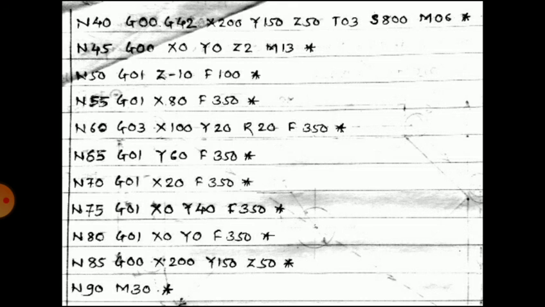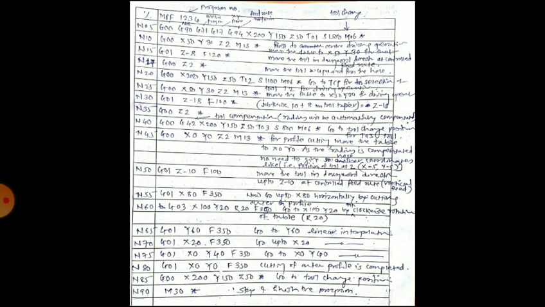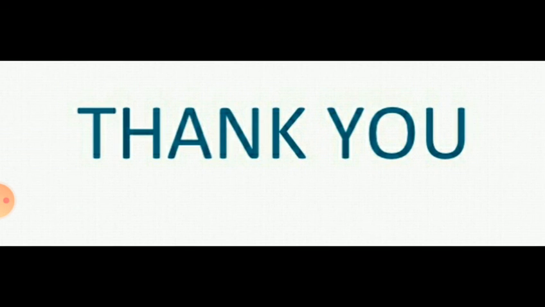Go to the tool change position, and the last block, N90, is M30, that is stop and finish the program. So this slide indicates all the procedure of the blocks that are explained. So this is regarding the CNC milling programming examples. Thank you.